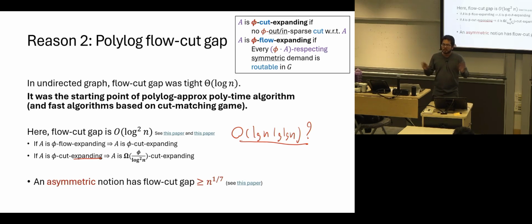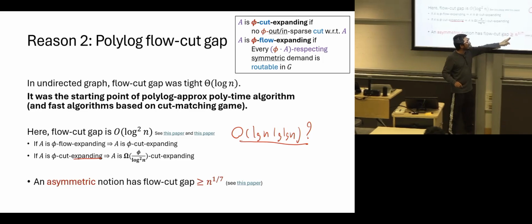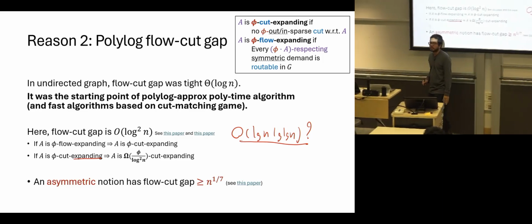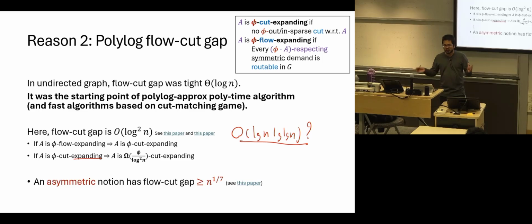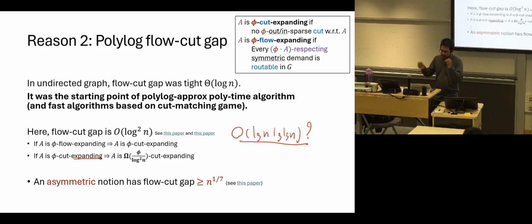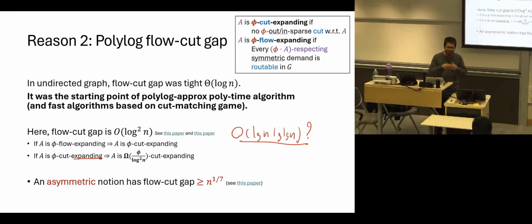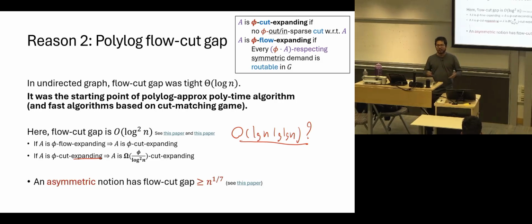One can try to define that, but for some natural notion, you can actually get a gap which is as big as n to the 1/7. It's not polylog anymore. And once that's the case, that is kind of the barrier for this notion to lead to polylog quality objects.